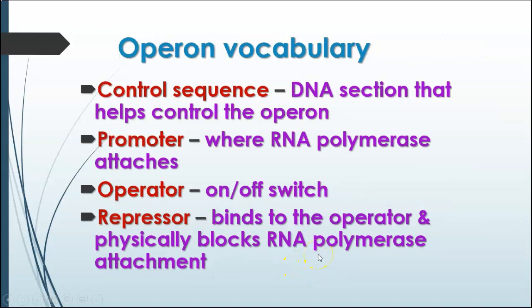So the control sequence is basically the section of DNA that helps control the operon. The promoter is where the RNA polymerase attaches. The operator is the on-off switch, and the repressor is a molecule that binds to the operator and physically blocks or stops the RNA polymerase from attaching.